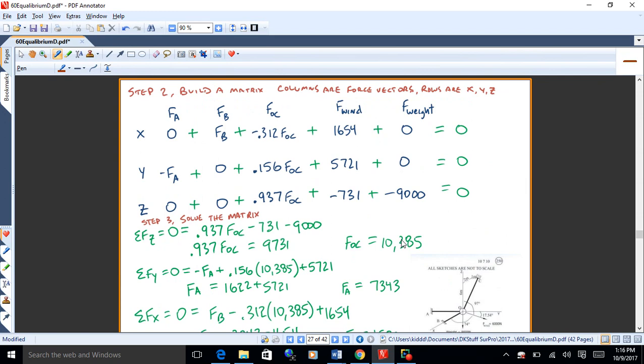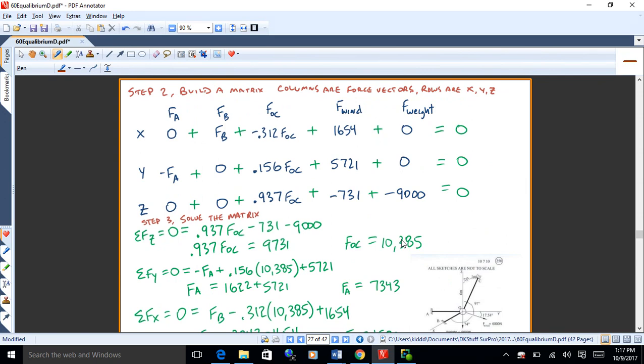So this is step 2. I've got FA, FB, FOC, F wind, and F weight, and they're just in columns, see? And normally I'll put the unknowns on the left side and the known forces on the right. Algebraically, I just like that a little better, okay? All right.